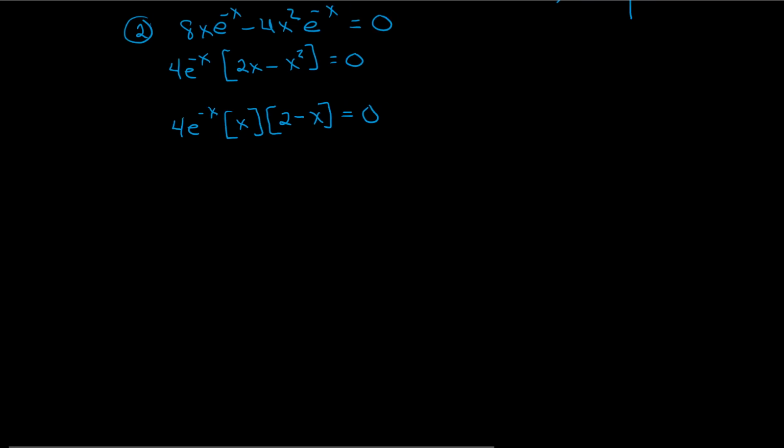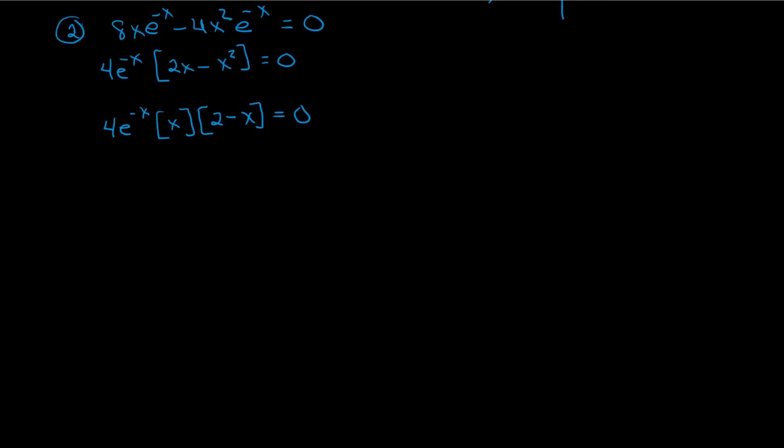There are 3 situations here that we want to consider. Remember, if you've got 3 things multiplied together and it equals 0, that means that at least one of them has to be 0. So that means our 4 e to the negative x equals 0.